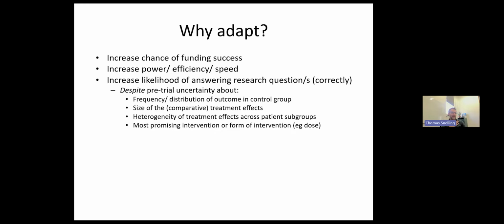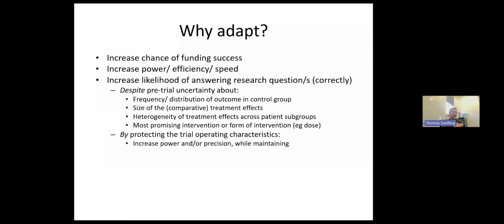So all of these things in a traditional trial are threats to the ability to answer the question, and the idea of adaptations is that it can help to manage that uncertainty and do it by protecting the trial operating characteristics.